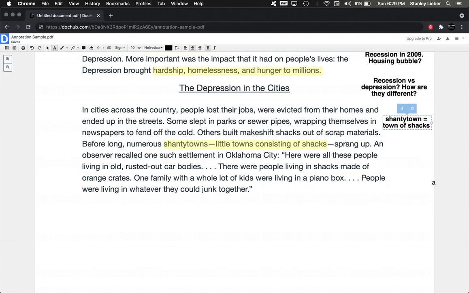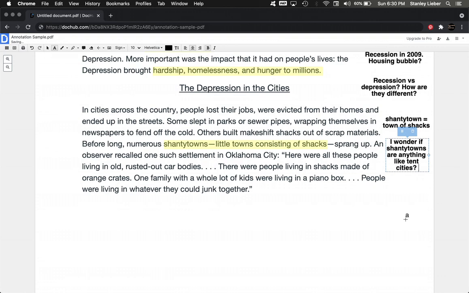And already this has got me thinking of something else. There are a lot of unhoused people today. Like if you travel in Seattle, you see it. In Tacoma, it's happening. The pandemic has not been kind to a lot of folks. So this is making me think, I wonder if shanty towns are anything like tent cities.